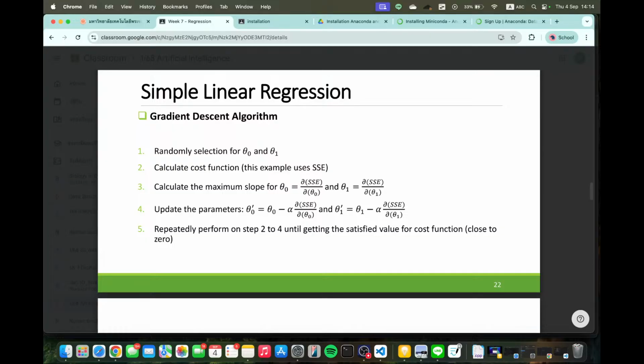From this partial differentiation, we will differentiate with respect to only this parameter. So 2, right? You can differentiate this term.